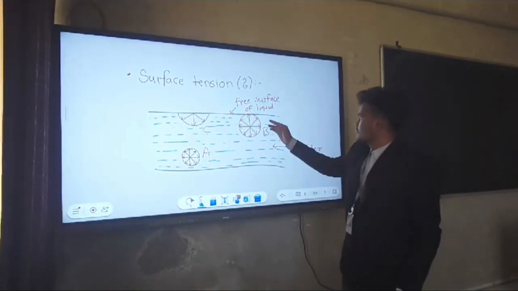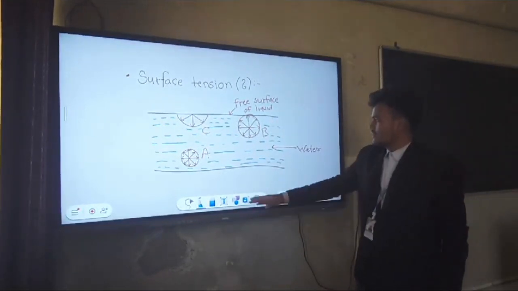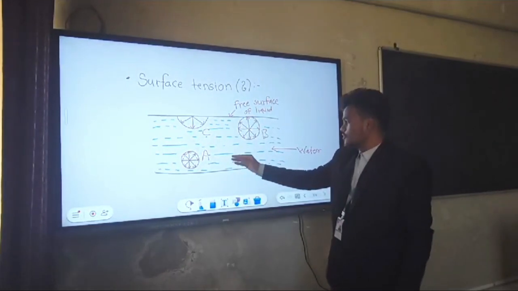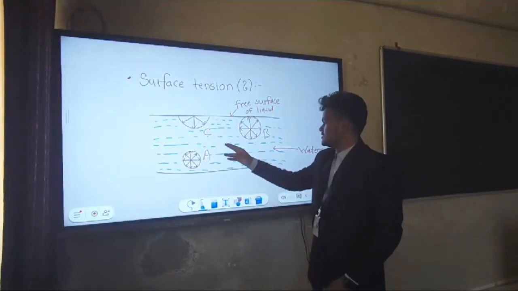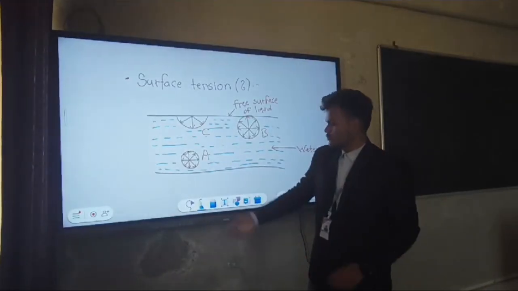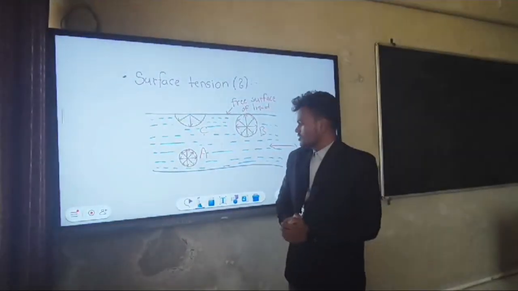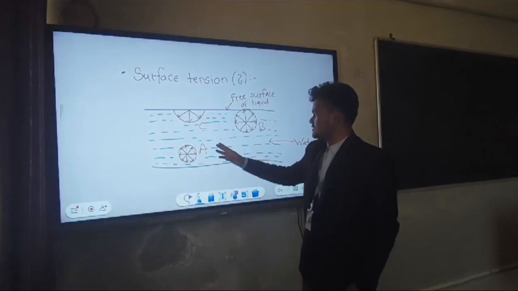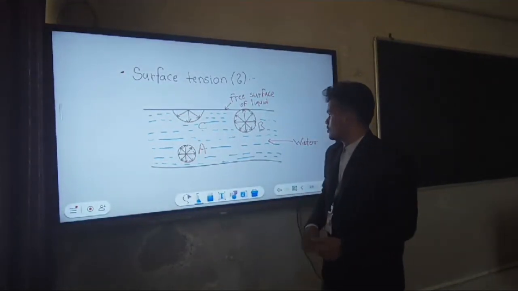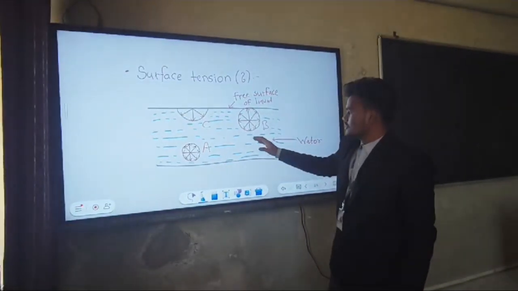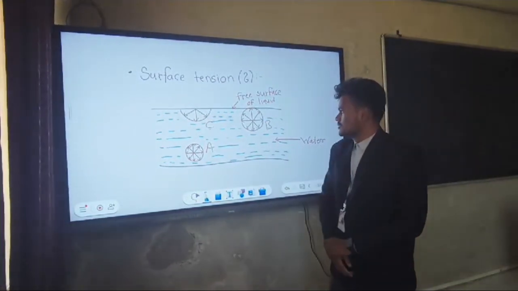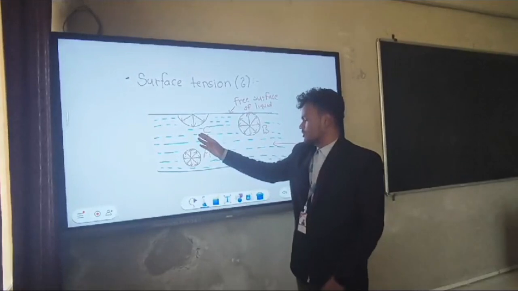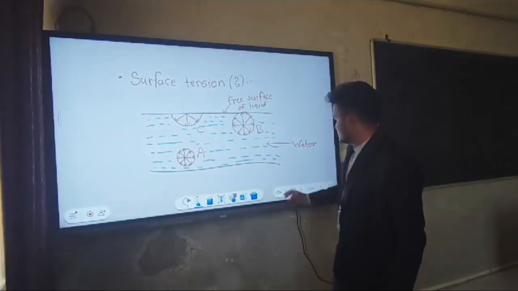Here is the water and this is the free surface of the liquid, and I have taken three random points of water molecules: A, B and C. The tensile force acting on molecule A is very high, greater compared to B and C. The tensile force acting on molecule B is minimum compared to the other two, and the last one is the C molecule. It has less tensile force acting on it compared to A and B.